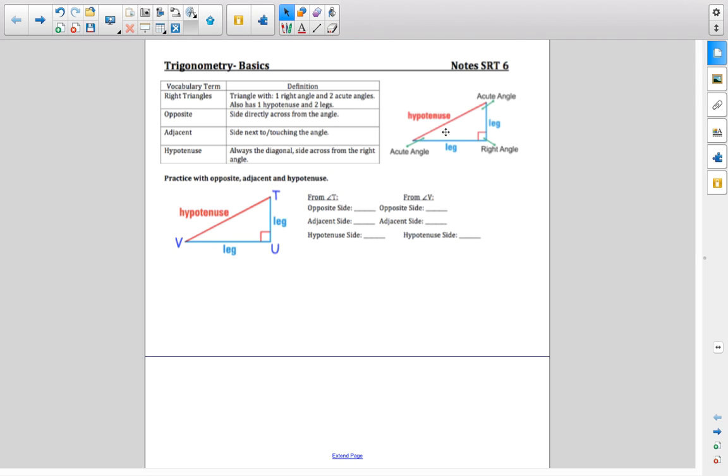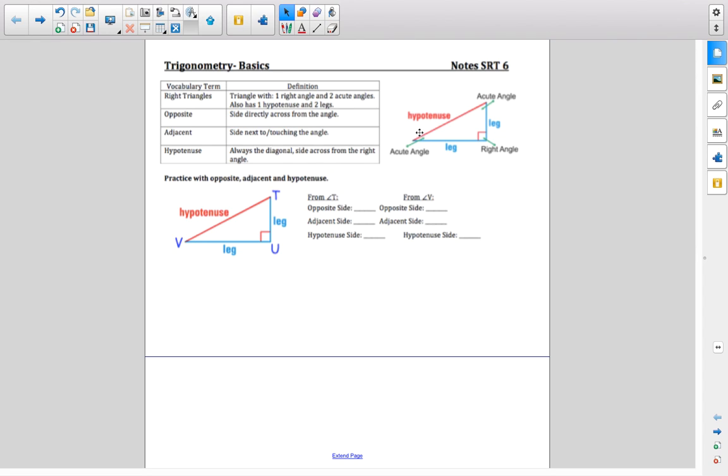So just to clarify the parts of the right triangle, we know that a right triangle has one right angle and two acute angles, two legs, and one hypotenuse that is across from the right angle. The opposite side of the triangle is across from an angle.